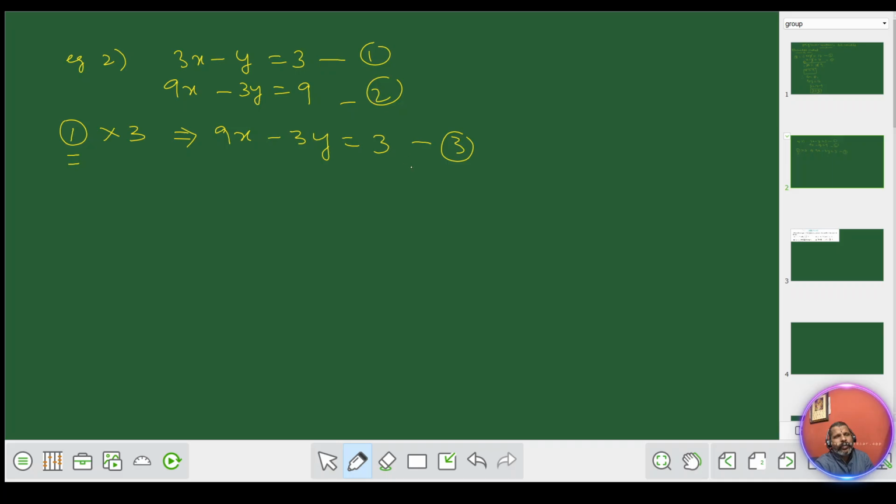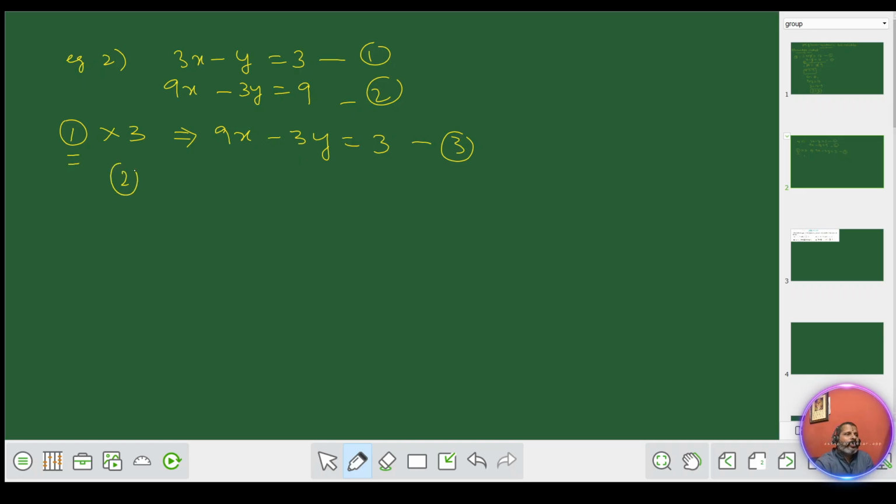When we add 2 and 3, forget about 1 because we reconstructed it to make the y coefficient the same as the y coefficient in equation 2. If you add 2 and 3, nothing gets cancelled, right? Because 9x plus 9x is 18x, and minus 3y minus 3y is minus 6y.